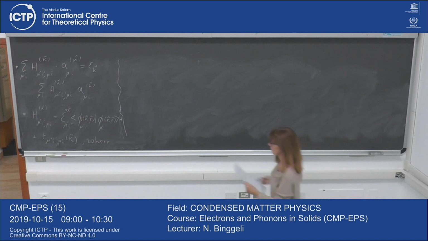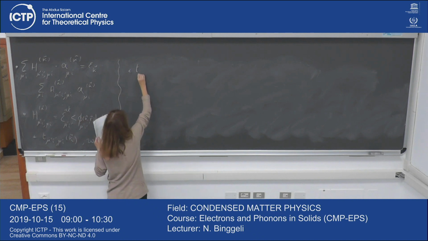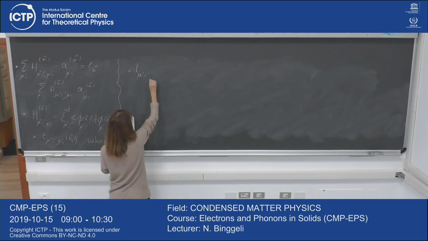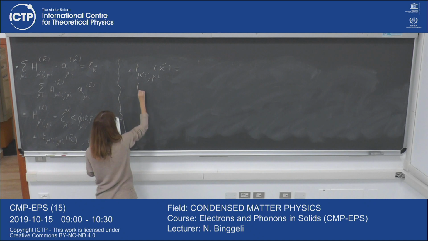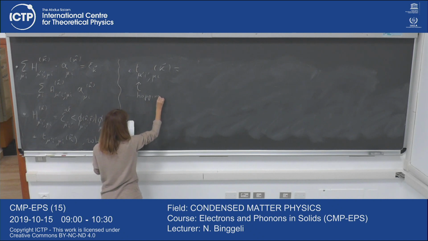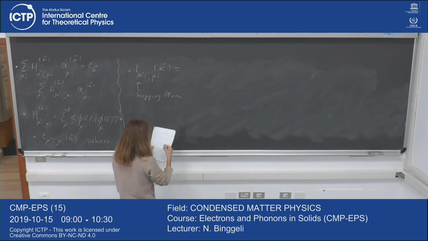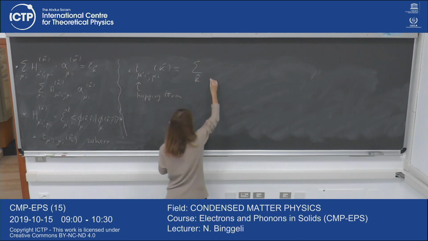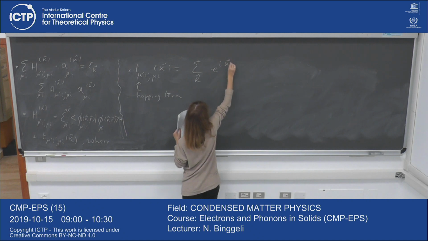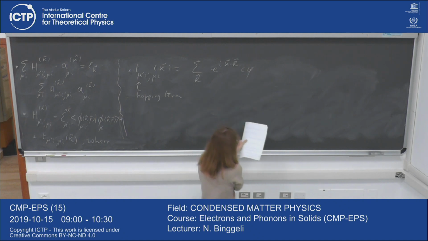So these hopping terms here, T mu prime I prime, mu I of k, we call them the hopping terms. They are the sum over the Bravais lattice vectors of exponential i k R times this hopping.